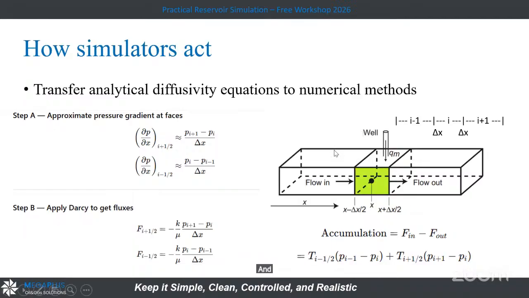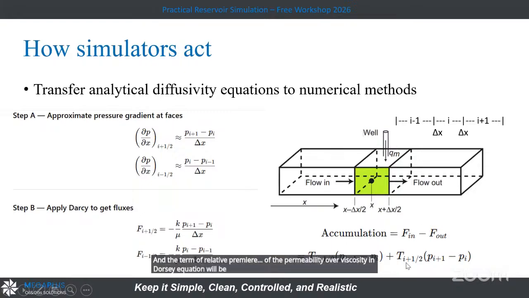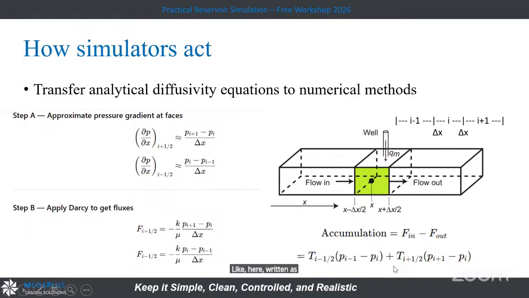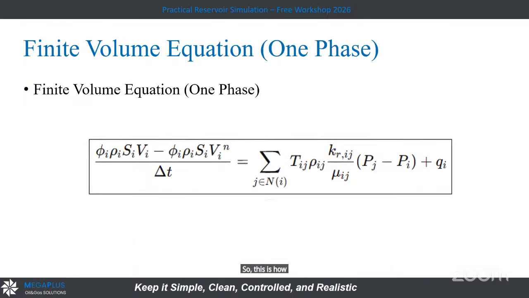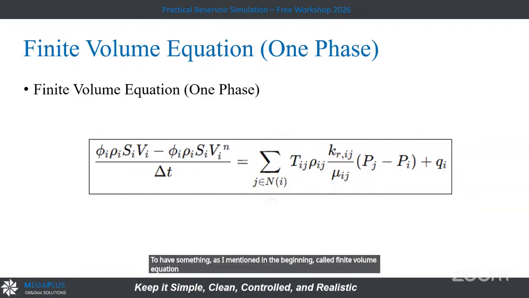And the term of relative permeability over viscosity in the Darcy equation will be written here as a T. T is called transmissibility, and the transmissibility depends on the mobility, and the mobility is the permeability over viscosity. So this is how the numerical model works, to have something, as I mentioned in the beginning, called the finite volume equation.